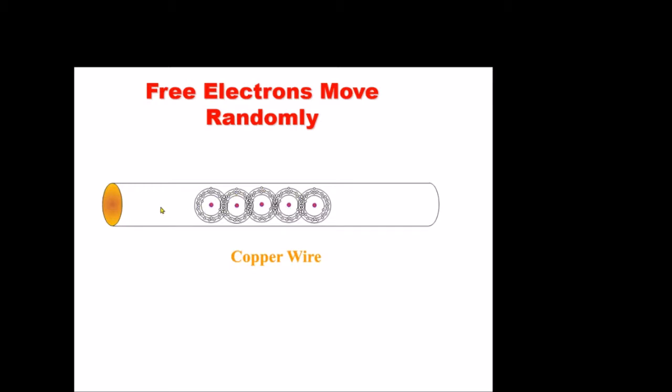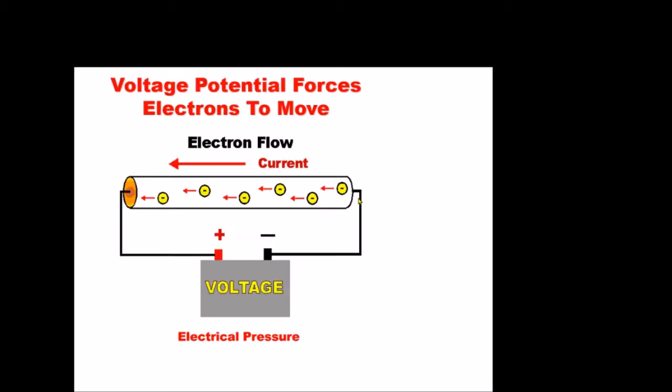There's not going to be any specific movement to those electrons. So now what we need to do is put some sort of voltage potential across this wire or across this circuit so that we actually get electrons to flow.